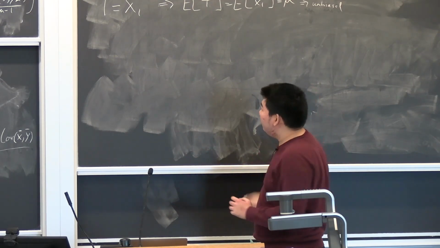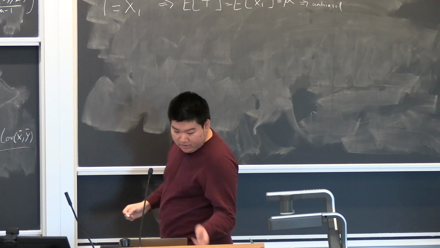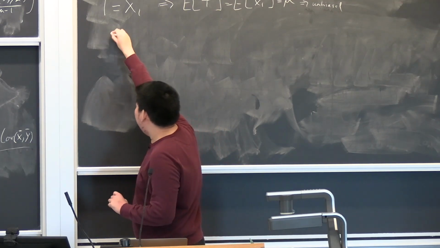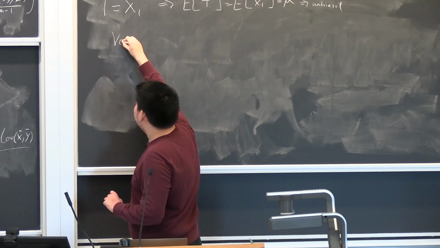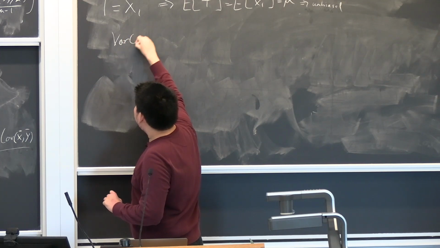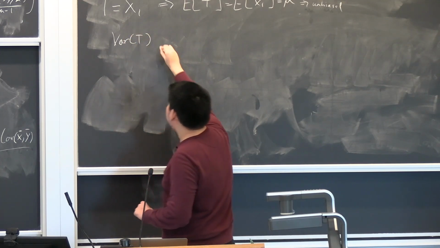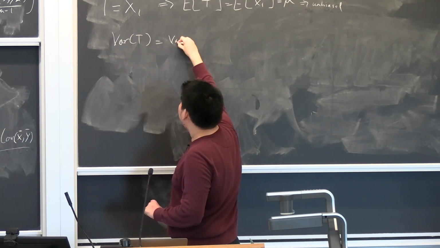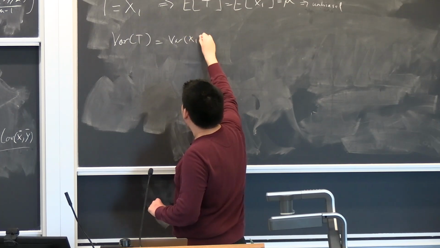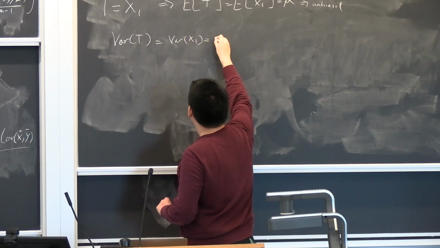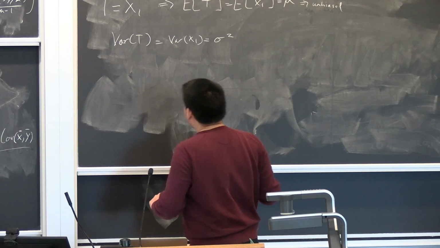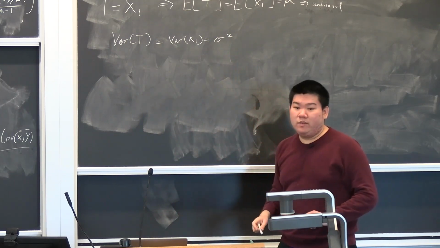But now let's find the MSE of this. Remember, the MSE is just the variance of our estimator, which is the variance of x1, which equals sigma squared. Now, you might notice something.